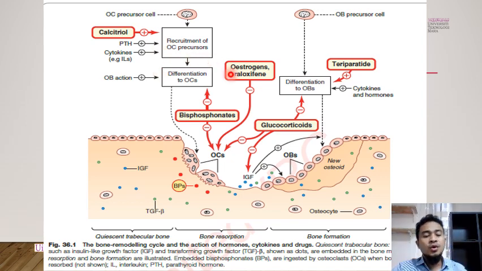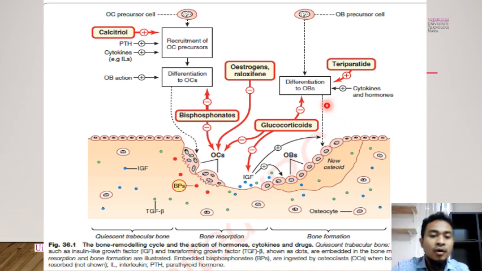Here we need to understand what an osteoclast is and what an osteoblast is. The osteoclast is the cell that is responsible for reabsorbing bone, while the osteoblast is the cell that is responsible for creating new bone, to synthesize the bone.